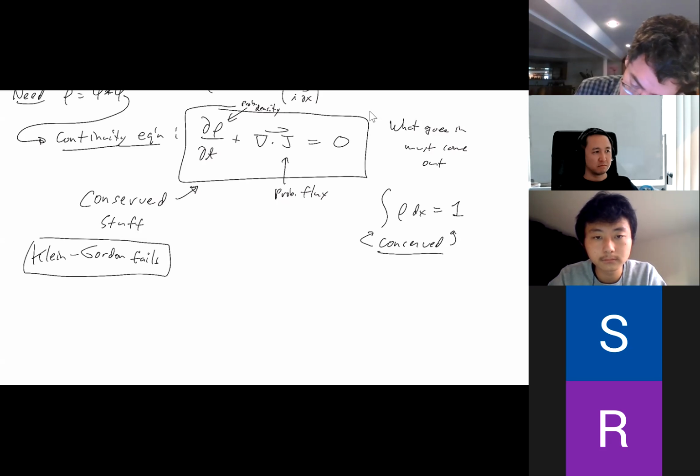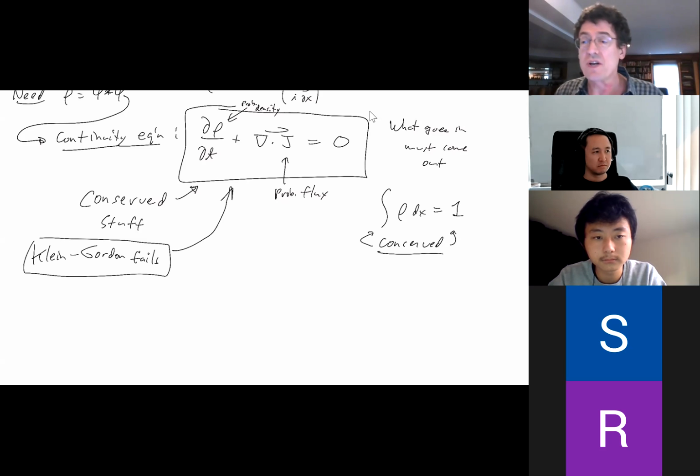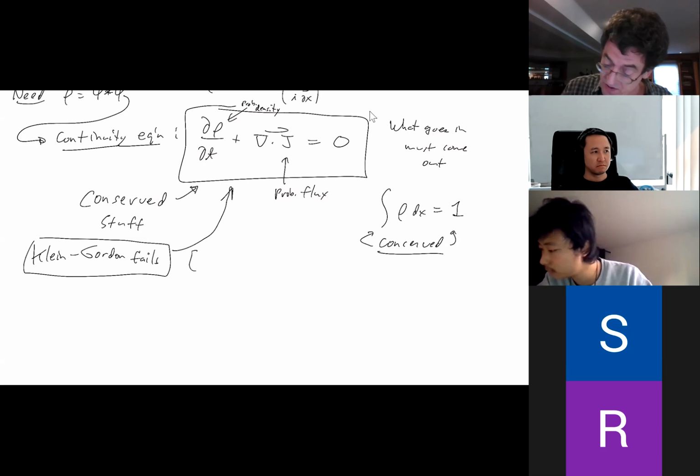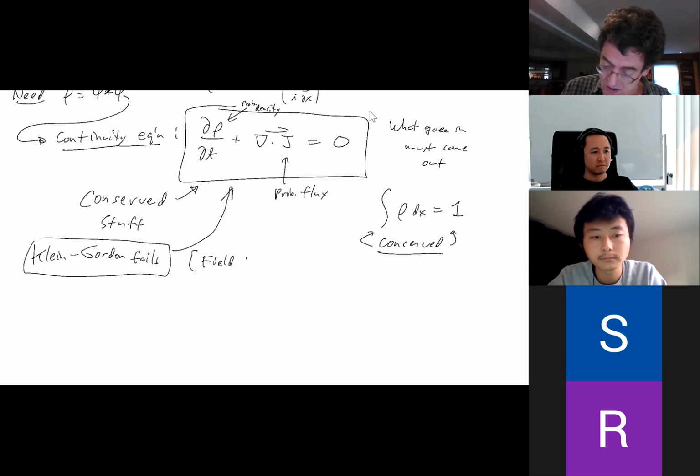It does not satisfy this constraint. You cannot easily make it satisfy that constraint, and so we have to dump it. It turns out that in the real world, people actually use the Klein-Gordon equation. If you construct a field theory out of it, you can make it work. But that's pretty fancy and beyond what we're talking about here. So for our purposes, it failed.